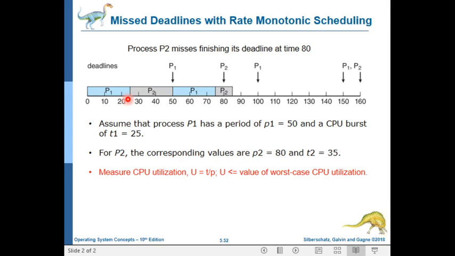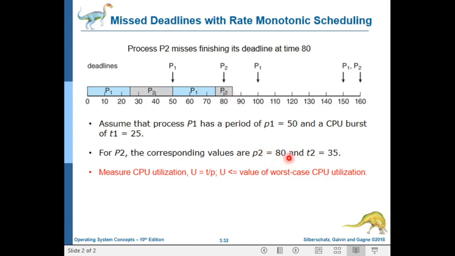Process P2 then begins running and runs until time 50, when it is preempted by P1. Process P1 runs until time 75. Consequently, P2 finishes its burst at time 85, after the deadline for completion of its CPU burst at time 80.